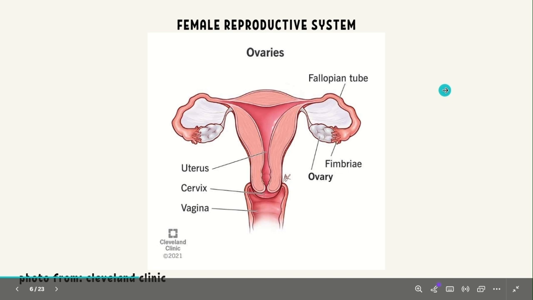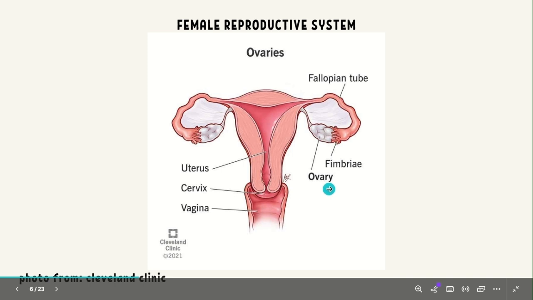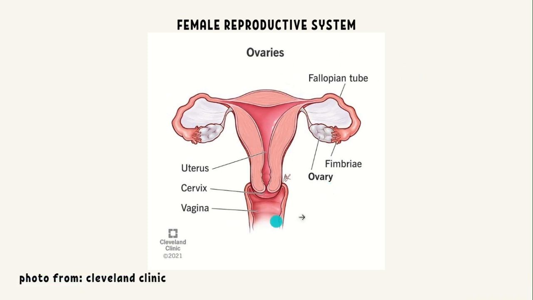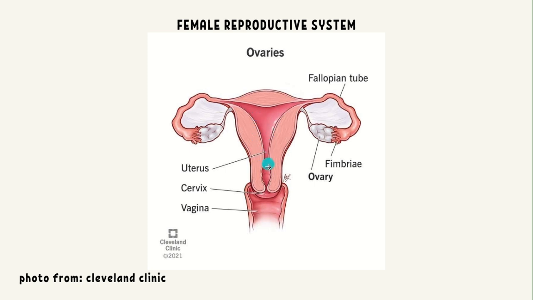So basically, we're moving on to the female reproductive system. I would suggest that you at least know how to draw this, right? So let's just go through the labels. This is our reproductive system, and right here is the uterus.